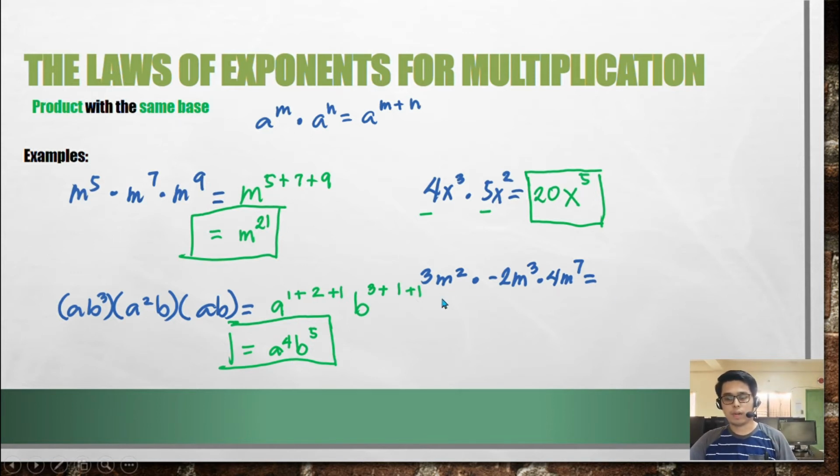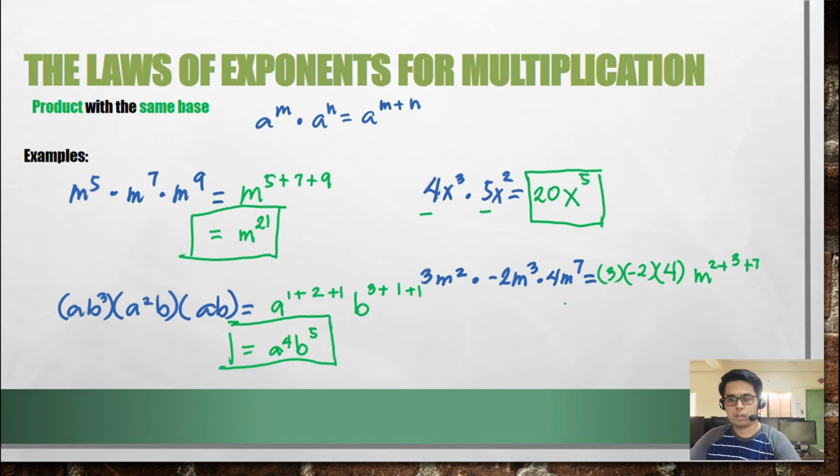Next, fourth one. So, ito, tatlong terms to. So, pakita ko lang yung complete solution. So, 3 times negative 2 times 4. Okay? Unahin natin yung numerical coefficient. Then, yung m naman. Yung m ay 2 plus 3 plus 7.